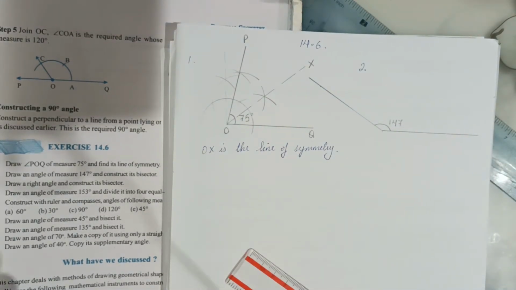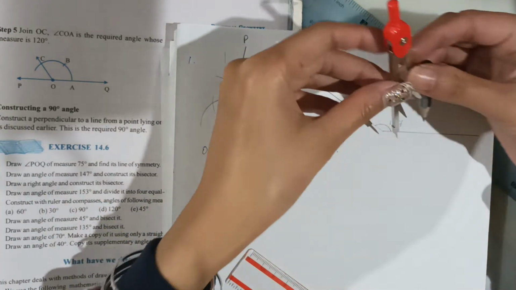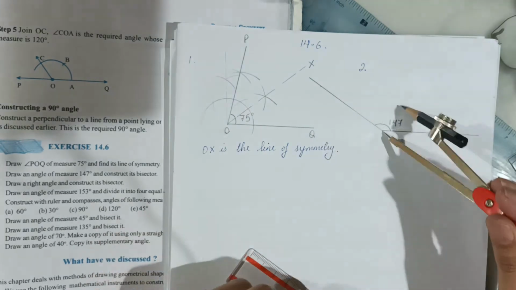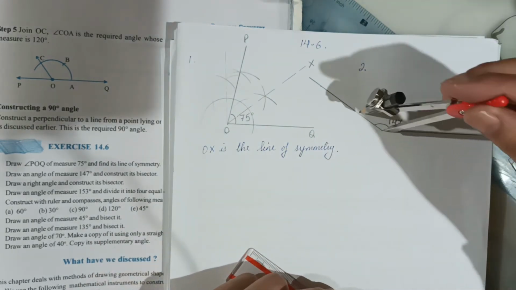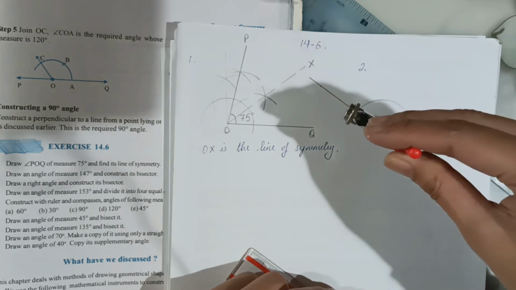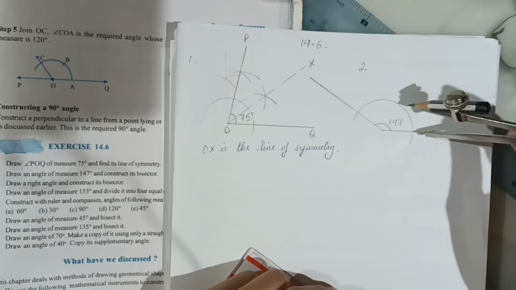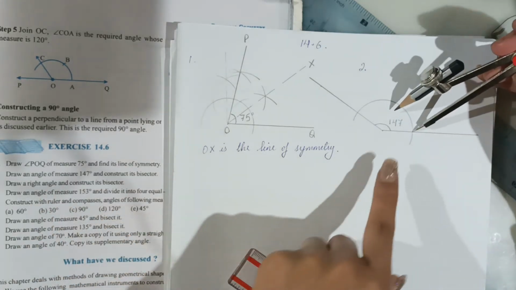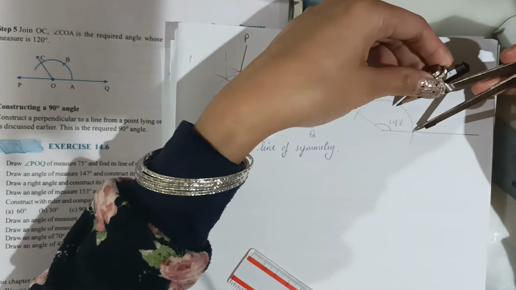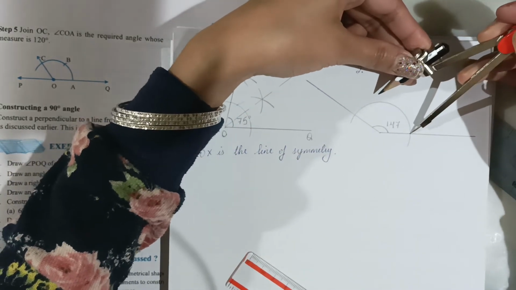How will you bisect? Now we do not have any arcs, so we will measure any arc we want. Any distance. We cut that two lines. And from here I will draw another arc, but it is less than half of it, so I'm going to make it a bigger radius.